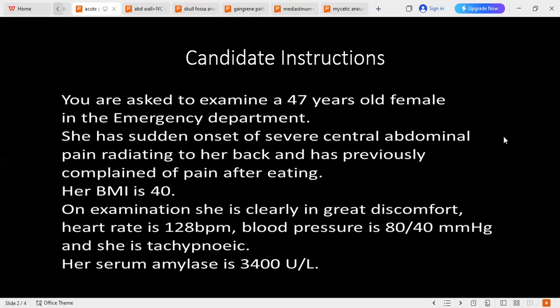Now please tell me what are the causes of hypocalcemia in acute pancreatitis?